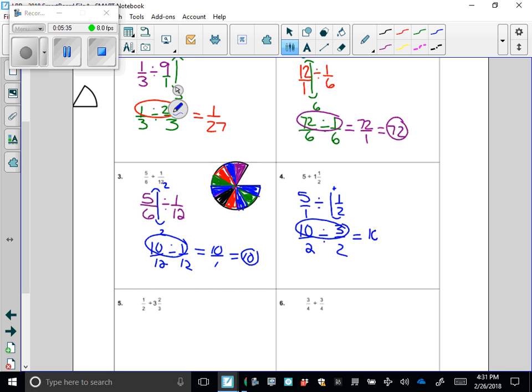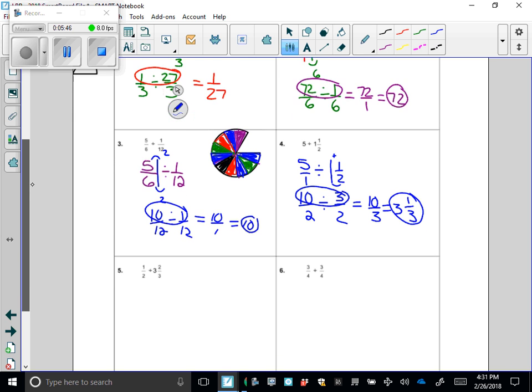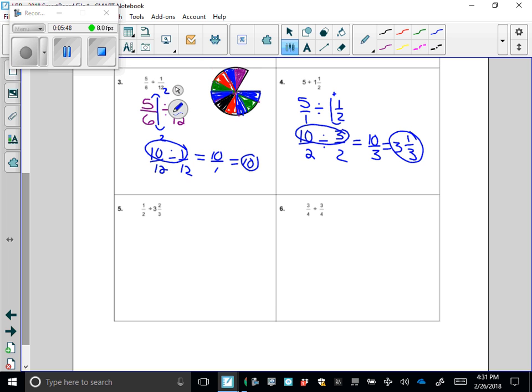So 10 over 3 is 3 with the remainder of 1. So 3 1/3. That would be a harder one to do a picture of. We talked about some of the harder pictures in class. We'll save that also for class discussion.